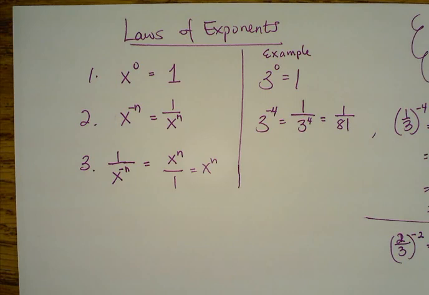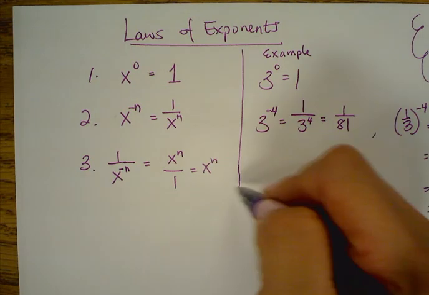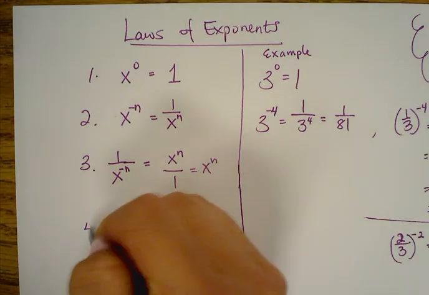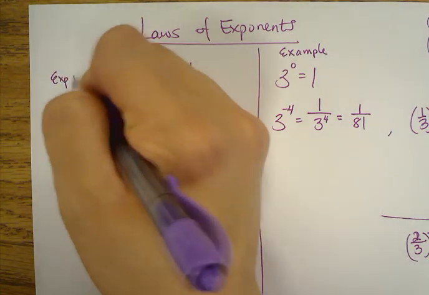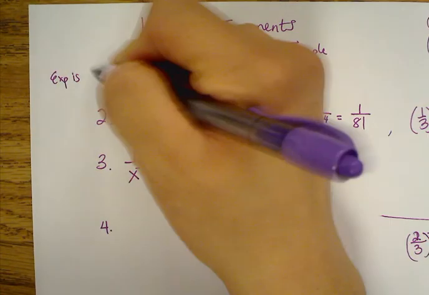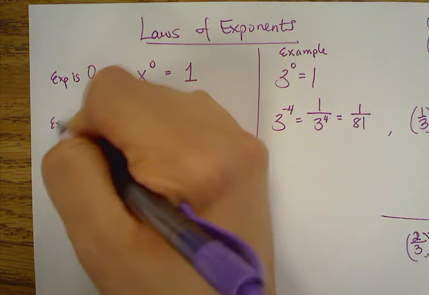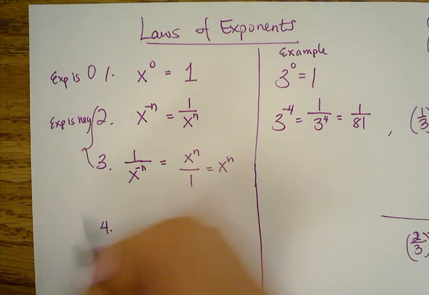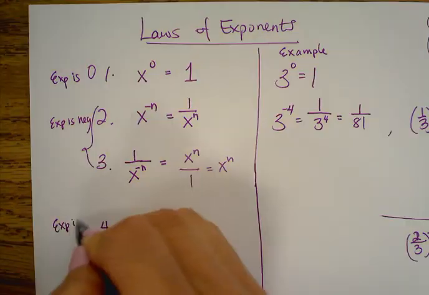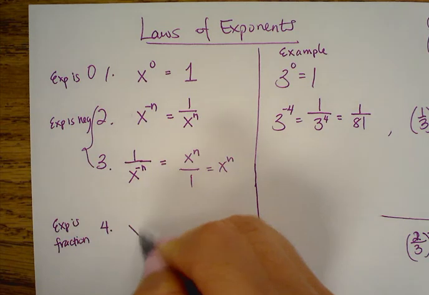All right. What about the radical one? I mean the fractional exponent. Okay, so this one is when the exponent is 0. This is when the exponent is negative. These guys, this is when the exponent is a fraction, like x to the a over b.